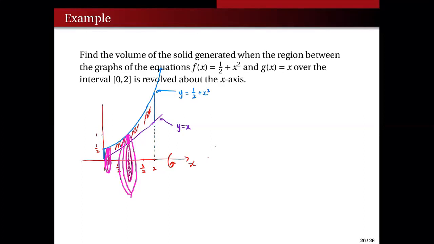So the bigger radius is this guy here, and the smaller radius will be this guy here. Okay?